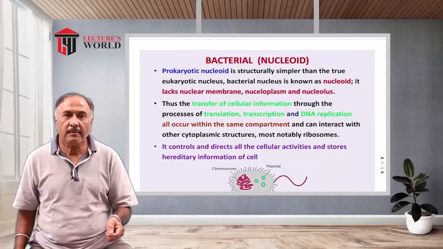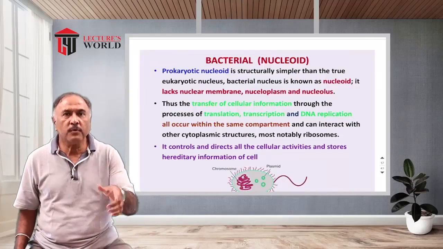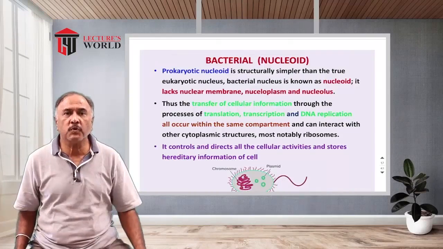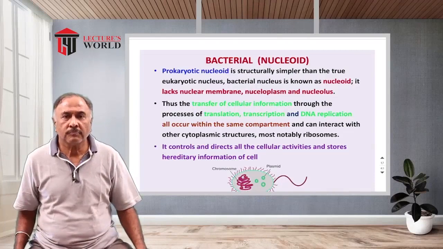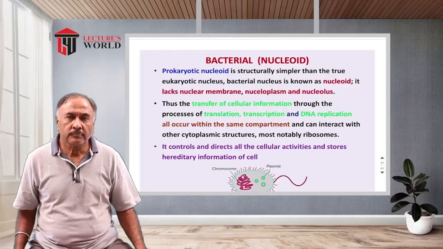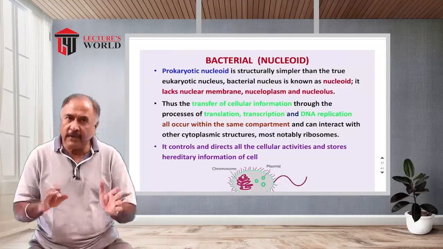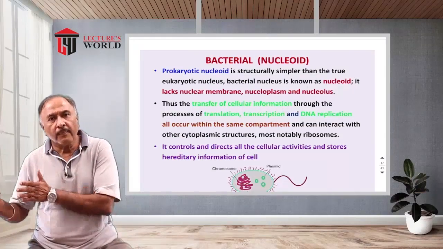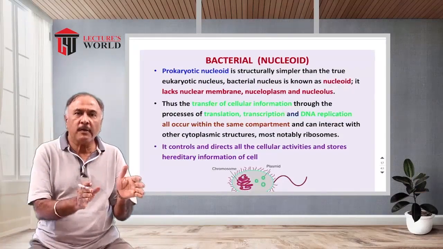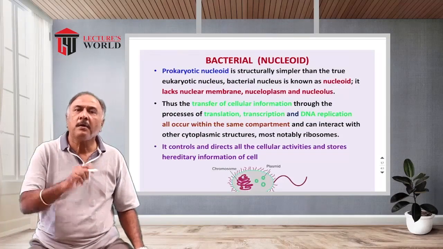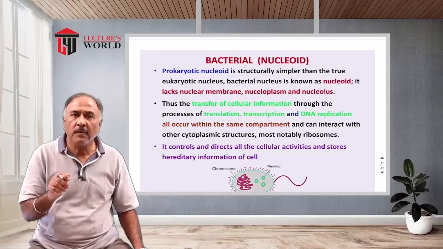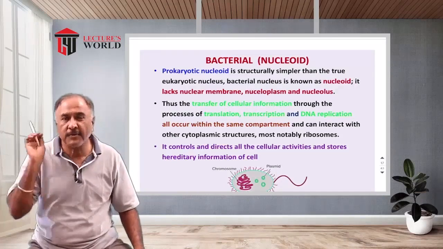DNA makes the bacterial nucleus, the bacterial chromosome. Many times we use the word chromosome. It is entirely different from the eukaryotic chromosome, while the bacterial chromosome is haploid and it is a long, in most cases circular, or in few cases linear structure.